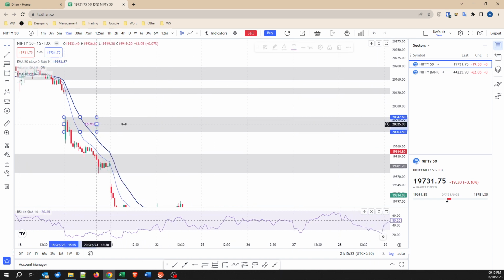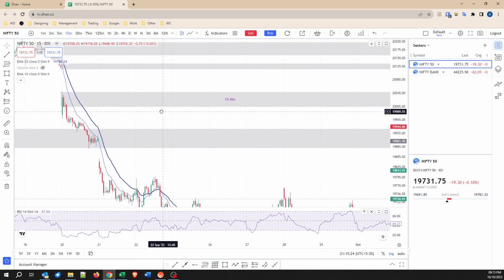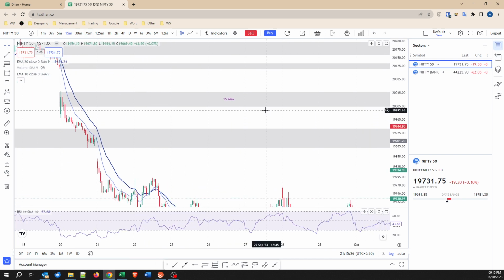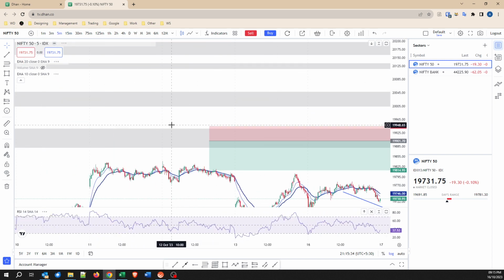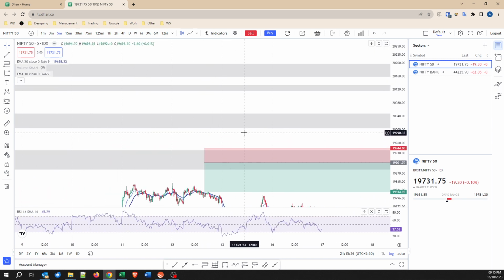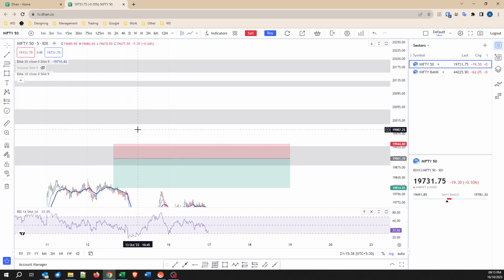We can target this and maybe do a small scalping trade. Since the trend is up and we're doing a counter trend, I'll wait for the 5 minutes candle to give me a breakdown, and then I start entering. So this is my plan for Nifty.